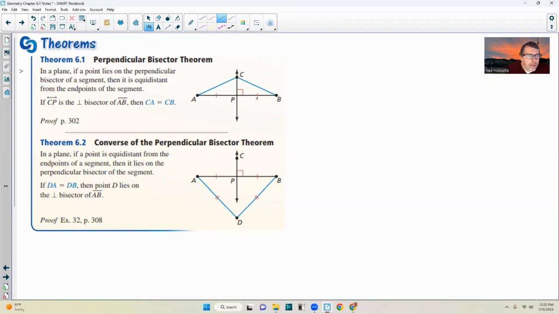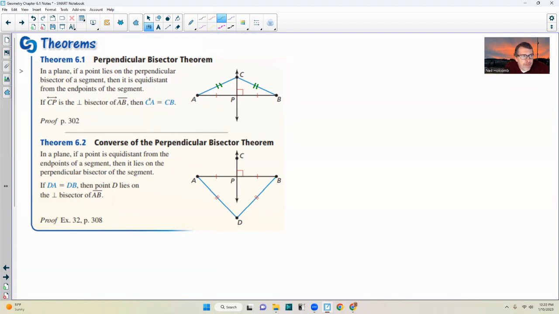These congruent markers state that PA is congruent to PB, and therefore that AB has been bisected into two congruent pieces. If a point is on the line that bisected that segment, then that point is equidistant from the two endpoints of that segment. In other words, the length of CA equals the length of CB, and therefore CA is congruent to CB. Theorem 6.2 is the converse of that.